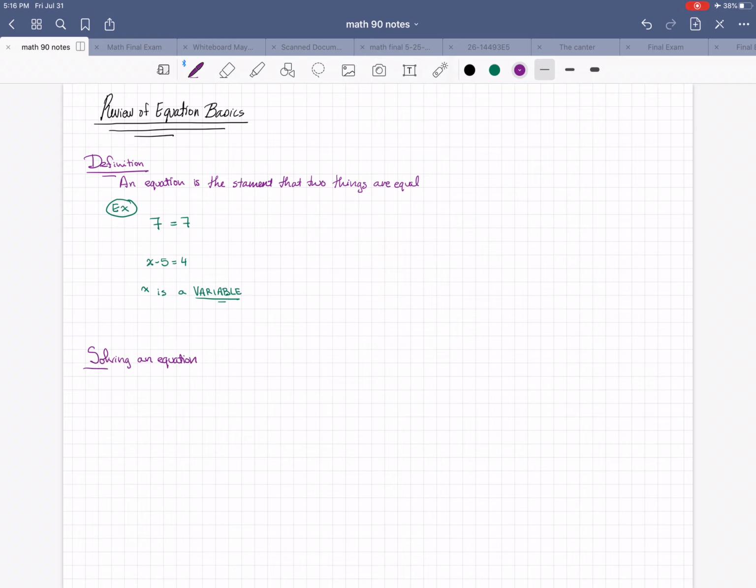To solve an equation means, essentially, basically, determining when the statement of equality is true.